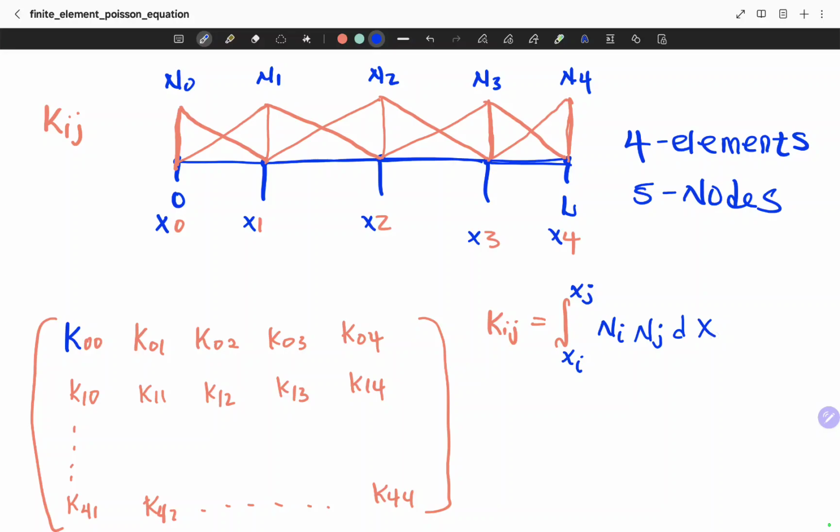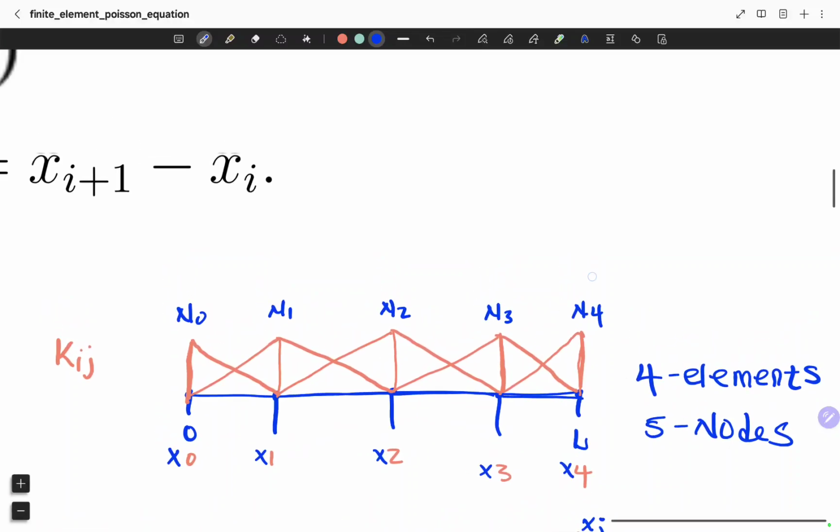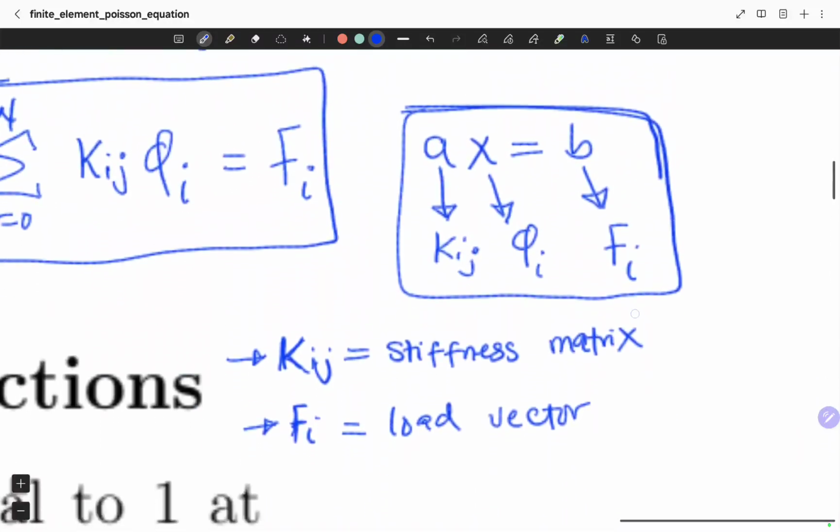dx. But in practice, you cannot use j, because when you say k00 it is like n0 times n0. So k00 is like, you see, from x0 to x1, n0.